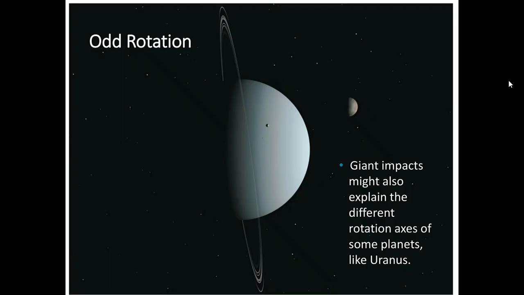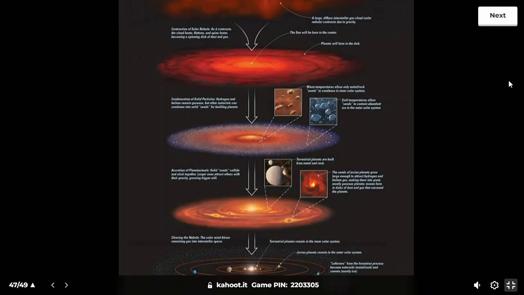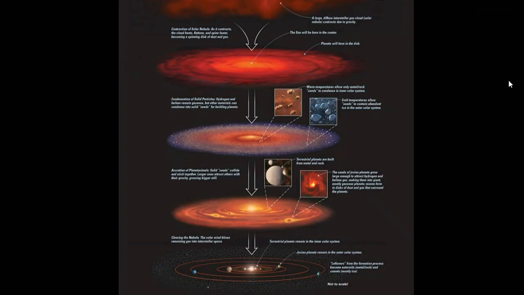The same thing goes for Venus. Venus is rotating in the opposite direction of all the other planets. If something really big hit Venus, it could cause it to spin the other direction. So we have to invoke these collisions of planetesimals to complete our nebular theory.